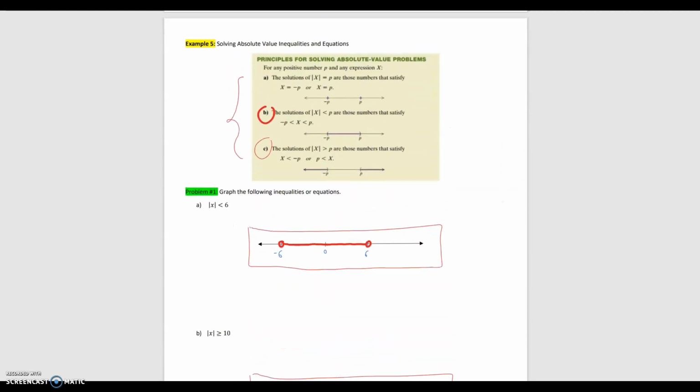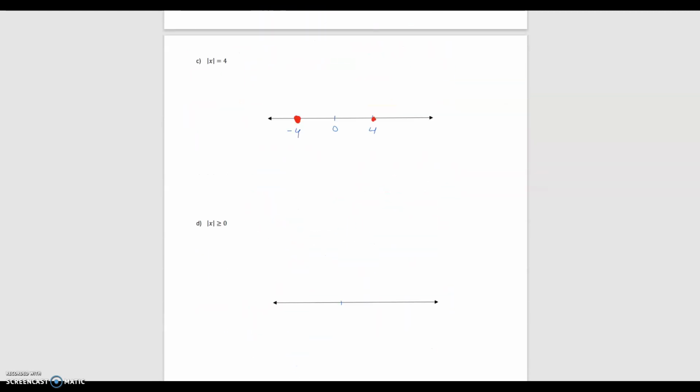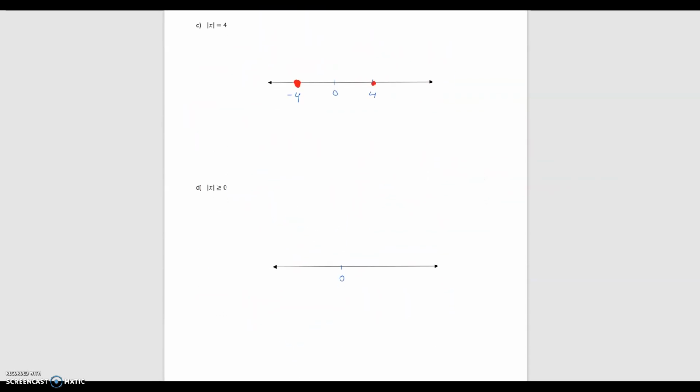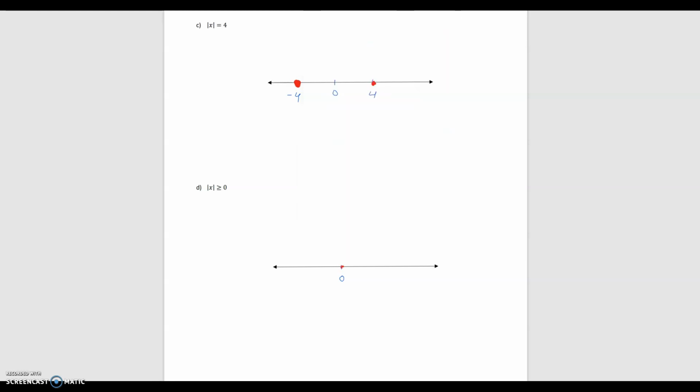Now, we're looking at this formula, or formula C, but here it says greater than p, and notice that it goes from the value of p to the right and to the left. But in this case, it's saying greater than or equal to 0. So that means that our solution is going to be including 0 and all the values to the right, but also all the values to the left.